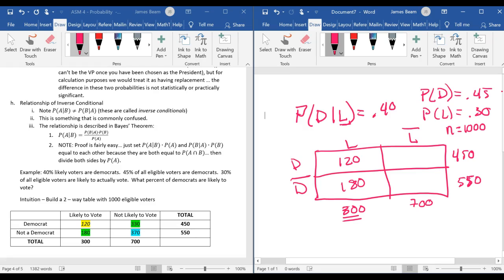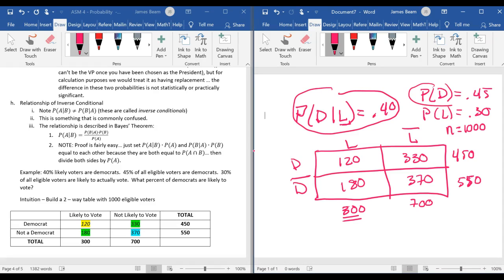If this is 120 and that's 450, that's got to be 330. And if this is 180 and that's 550, or 330 and 700, this has to be 370. And that's where the 1,000 voters lie. So given these 3 pieces of data and the size of the population, you can actually build the two-way table.